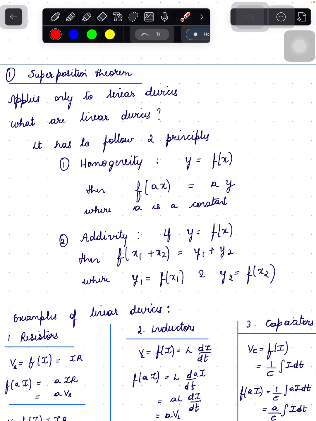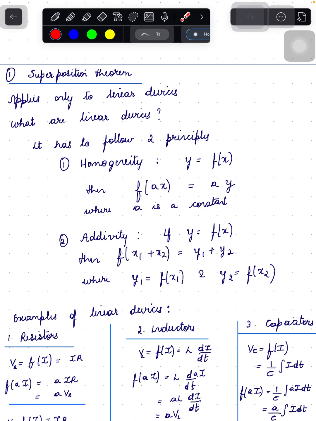Superposition theorem. This applies only to linear devices. What are linear devices? A device which follows the two principles, that is homogeneity and additivity. Suppose there is a function f of x, where x is the input, y equals f of x, where y is the output.